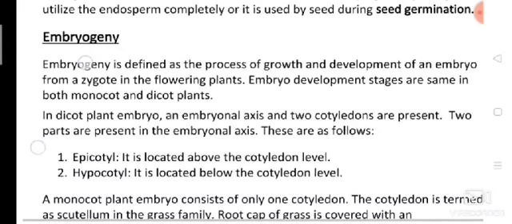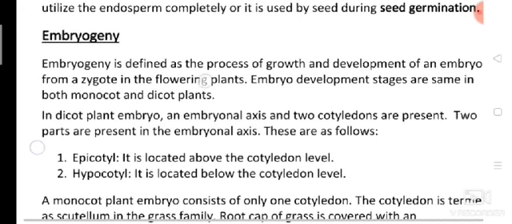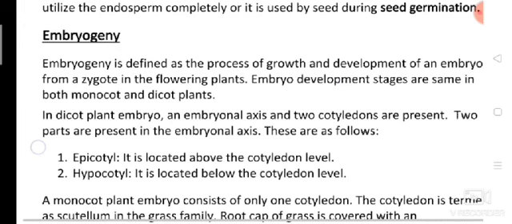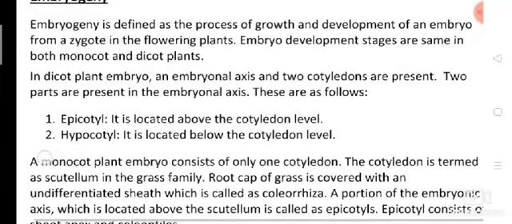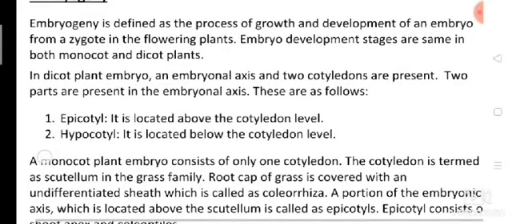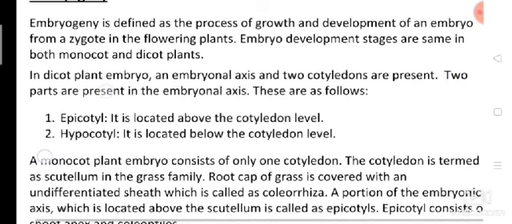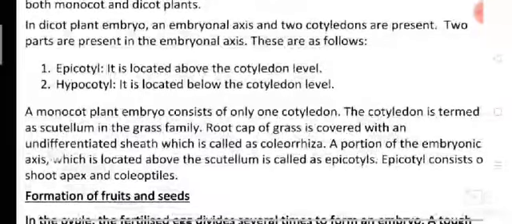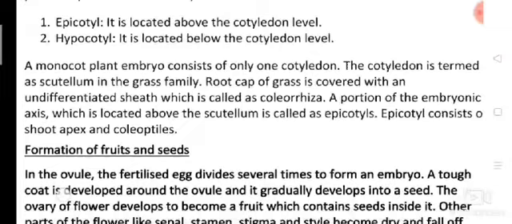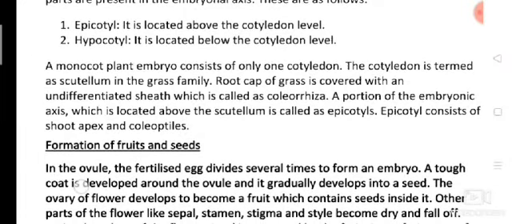Embryogeny is defined as the process of growth and development of an embryo from a zygote in flowering plants. Embryo development stages are the same in both monocot and dicot plants. In dicot plants, the embryo has an embryonal axis and two cotyledons. Two parts are present in the embryonal axis. These are as follows: epicotyl and hypocotyl. In a monocot plant, the embryo consists of only one cotyledon.